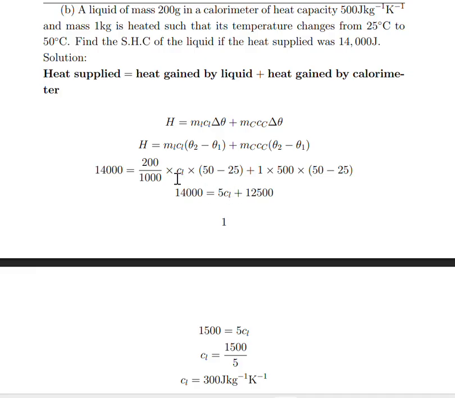Working on the right hand side, 1 times 500 times 50 minus 25, giving us 25, leaves us with 12,500. Then 0.2 times 25 gives a result that leaves us with 5 times C subscript L. Then this will equal, on the left hand side, the heat that has been supplied, which was 14,000.